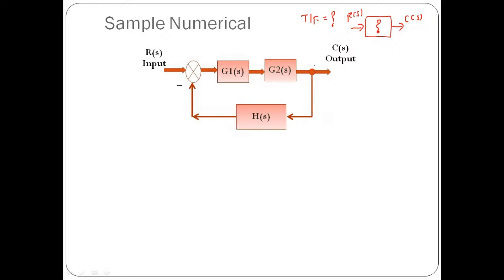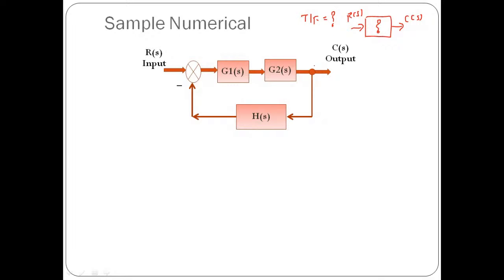Then try to identify whether there is any possibility to apply rule number 2, that means blocks are connected in parallel. If blocks are connected in parallel, club them and represent them by a single block. In the same way, check whether there is any possibility to apply the concept of elimination of closed loop. If you identify it, apply rule number 3 and club them into a single block.